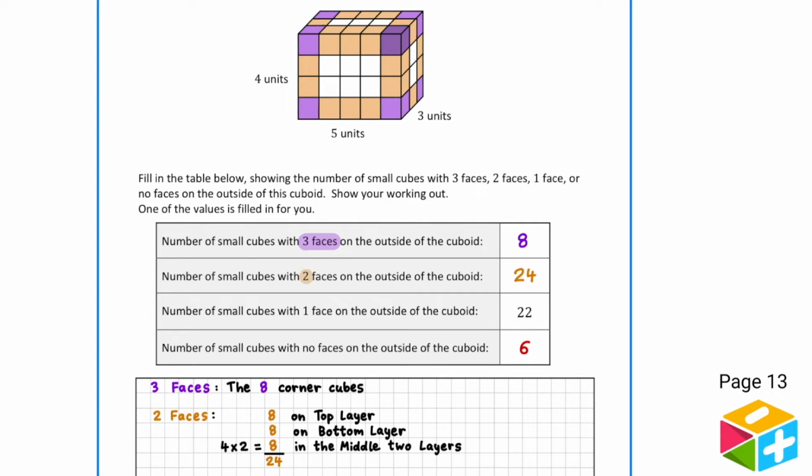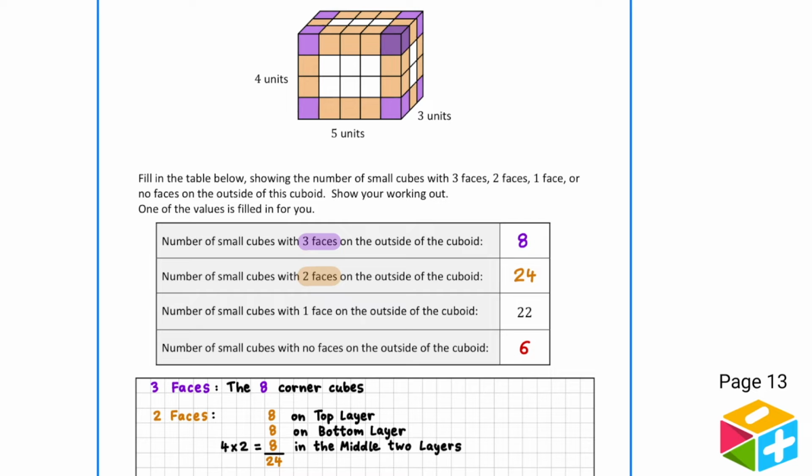The cubes with 2 faces on the outside correspond to the non-corner pieces which appear along one of the edges of the cuboid. I've coloured these in orange. If we focus on the top layer of the cube, we have 1, 2, 3, 4, 5, 6, 7, 8 orange cubes.